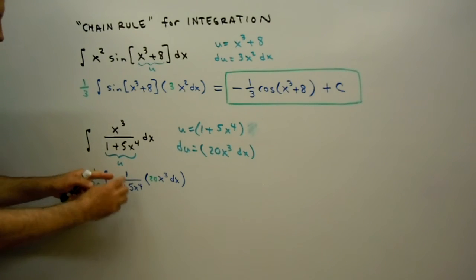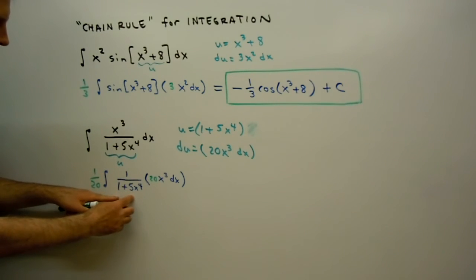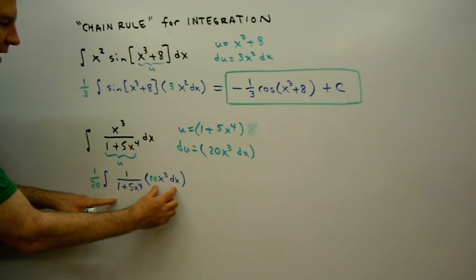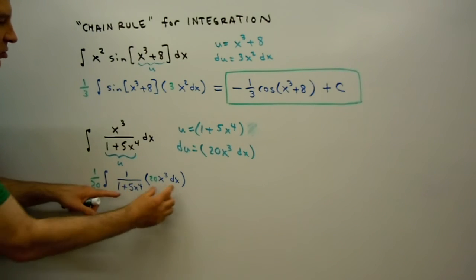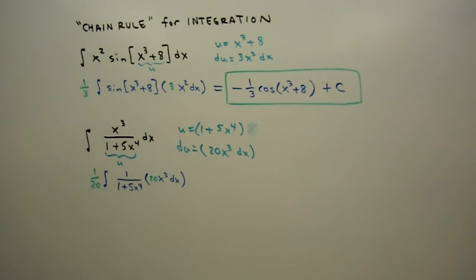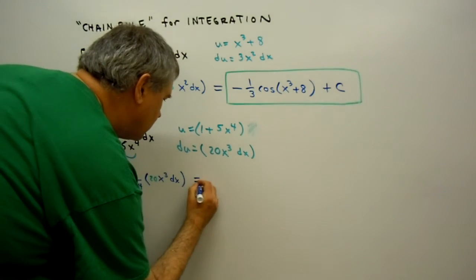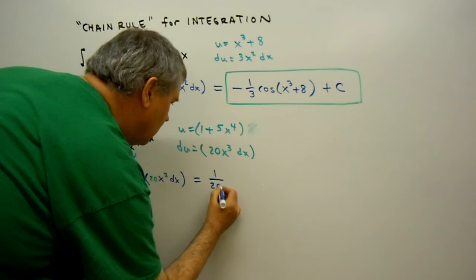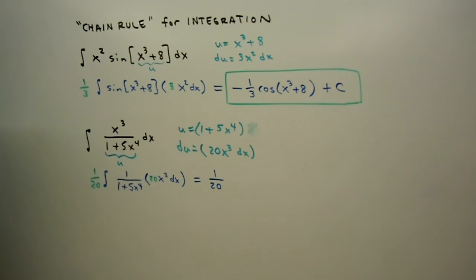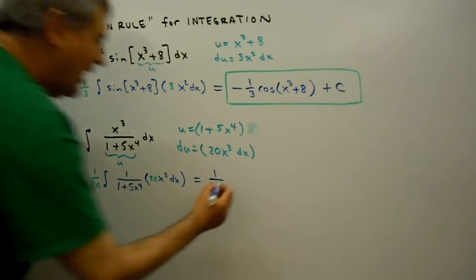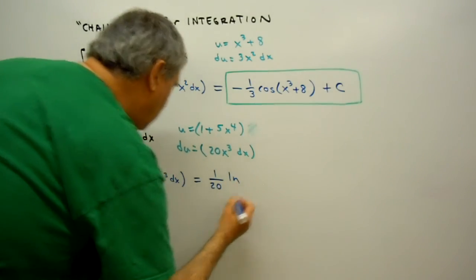This is the form 1 over u, 1 over a function, and then the derivative of the function is there. So we are doing the chain rule in reverse. So we have 1 over 20, and the integral of a 1 over u form would be the natural log of that form.